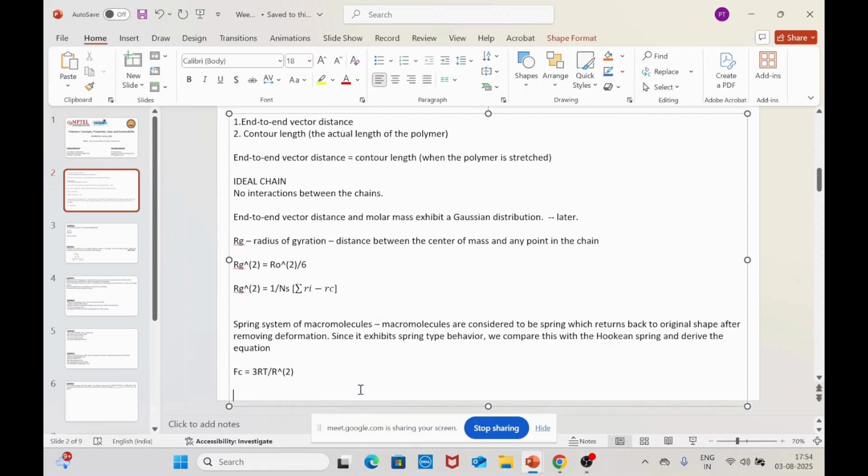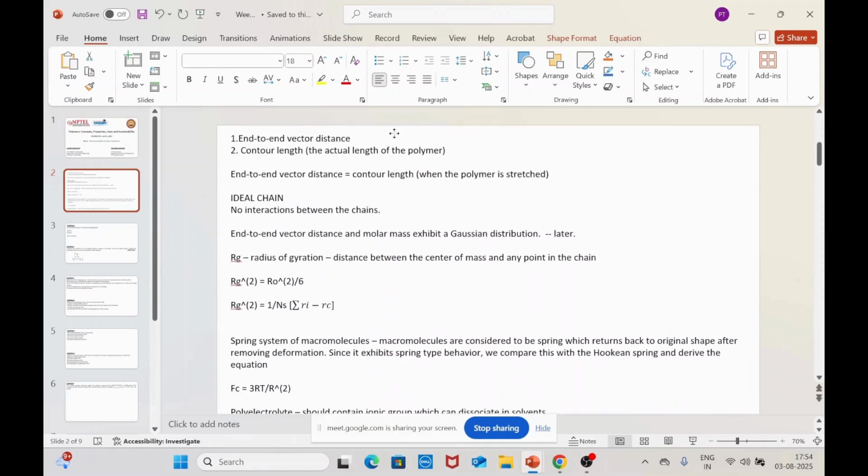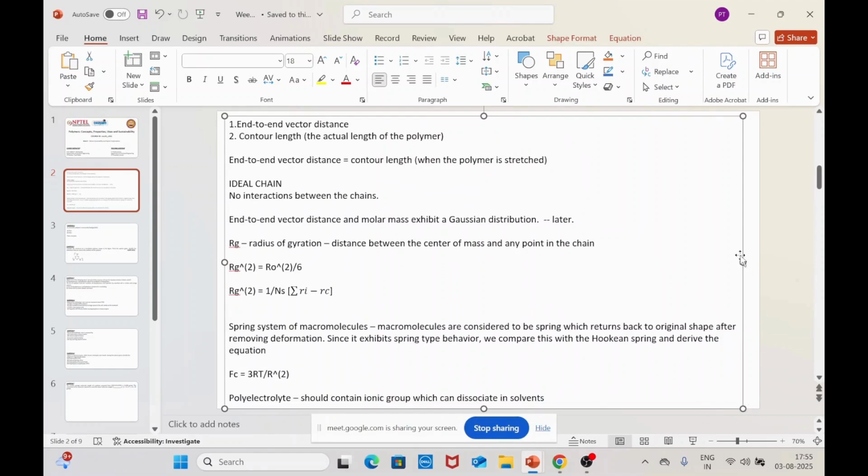Typically, it should have ionic groups in its system, ionic groups which can dissociate in solvents, mostly a polar solvent. So this is the definition of the polyelectrolyte.